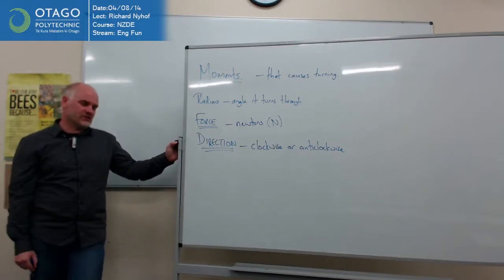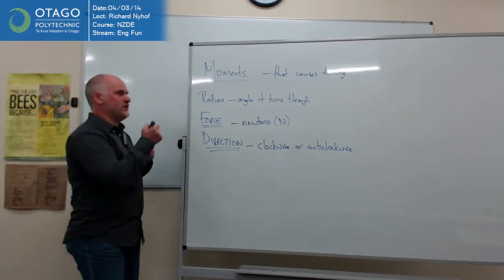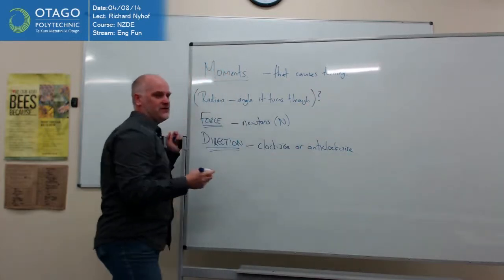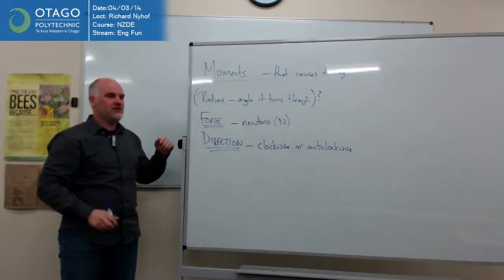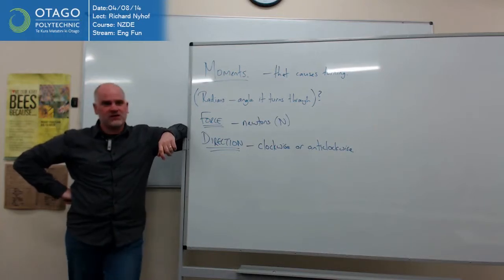Let's just assume it's going to keep going. I'm not worried about how far, which is why I said this one was a bit of a red herring to some extent. So is there something else? Is 10 newtons to make it go anti-clockwise and we're done?